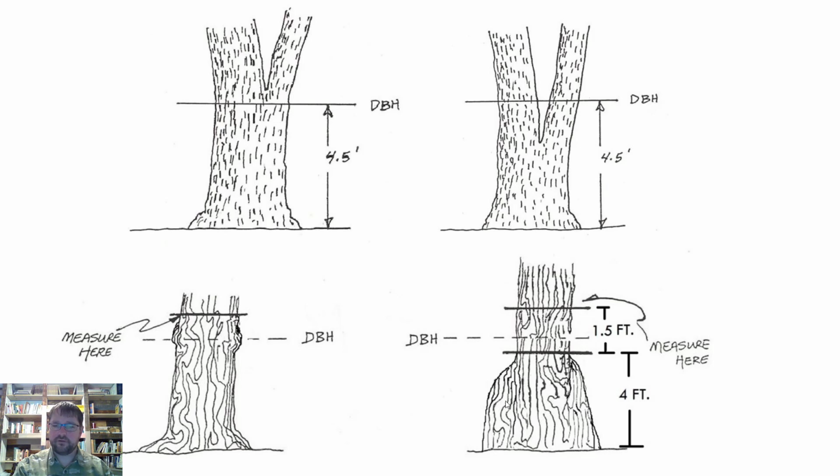Okay, let's say you've got a vase or a bottle-top tree, and that's happening at kind of the 4 foot mark. You need to get about 1.5 feet outside of that bottleneck to get a good DBH measurement. Okay, pretty simple.